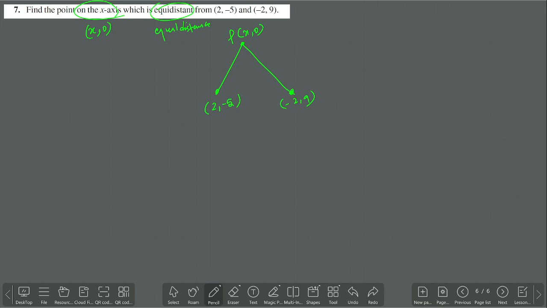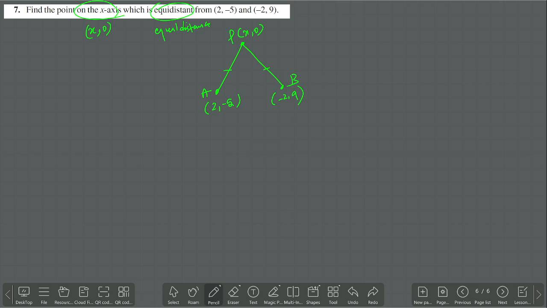Both distances are the same. Do you understand what I am telling? Suppose I name the points A and B. Here PA equal to PB is the given condition. Do you understand the question? Is it okay?